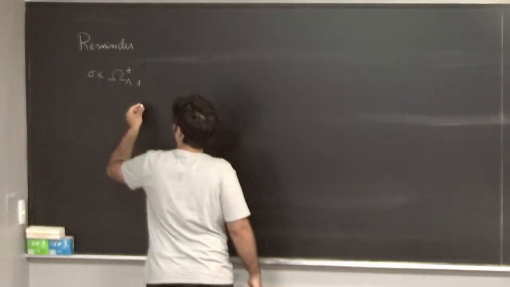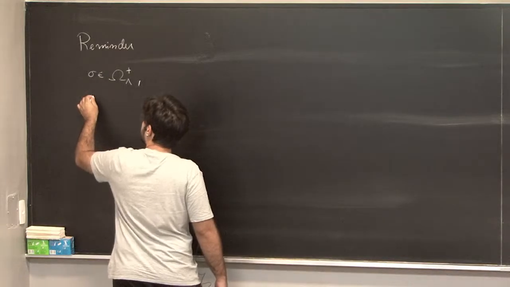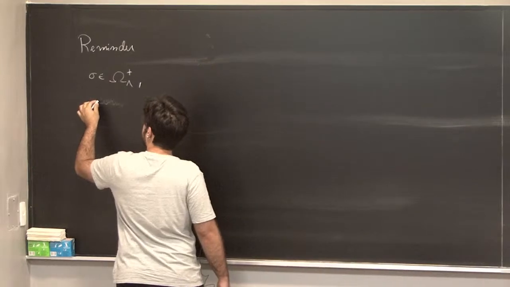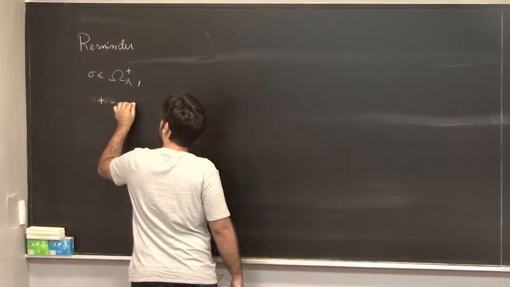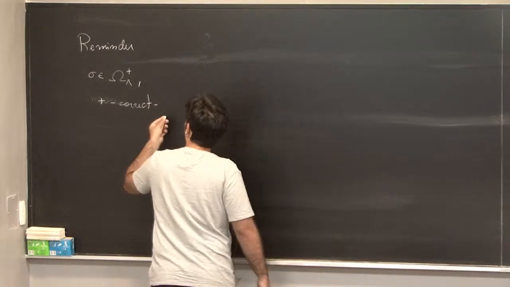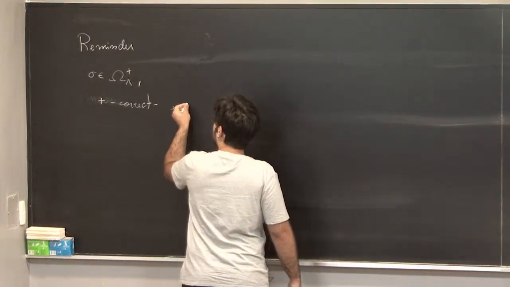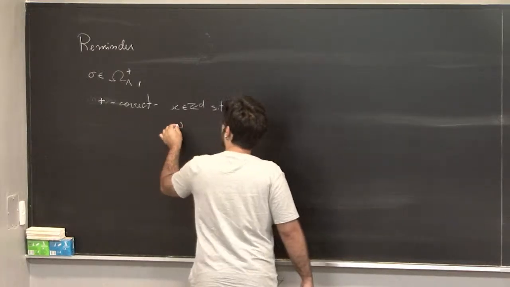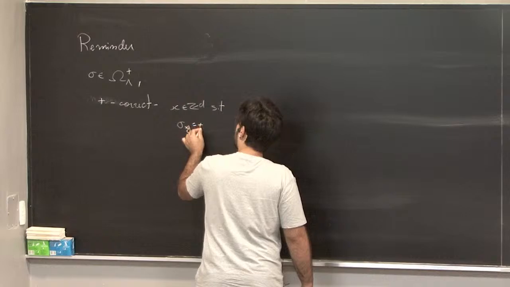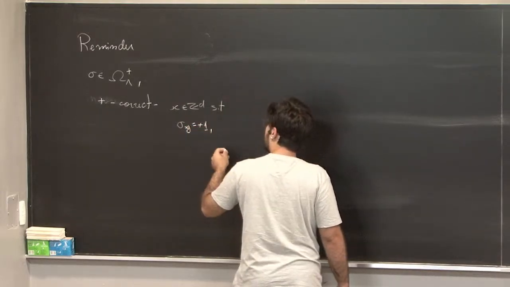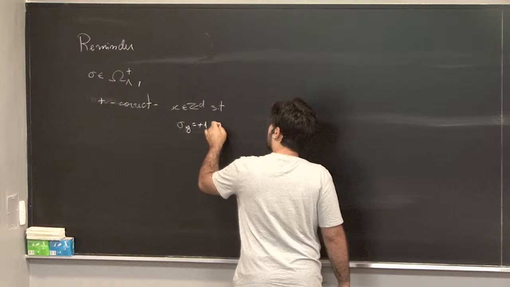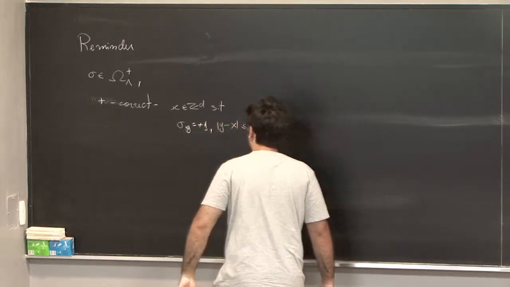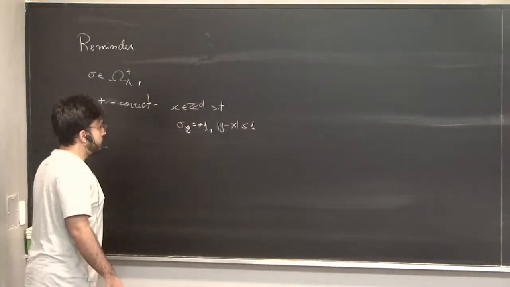So we defined incorrect points. We actually defined a plus correct point that was a point x in Z^d such that sigma y is always equal to +1 every time the distance of y to x is not greater than 1.